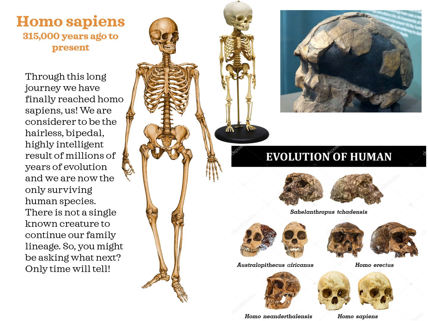Through this long journey, we have finally reached us, Homo sapiens. We are considered to be the hairless, bipedal, highly intelligent result of millions of years of evolution, and we are now the only surviving human species. There is not a single known creature to continue our family lineage. So you might be asking, what's next? Only time will tell. Thank you.